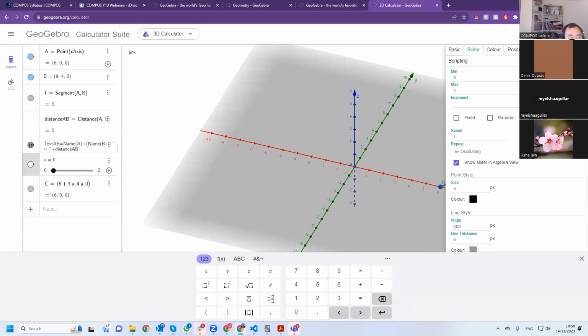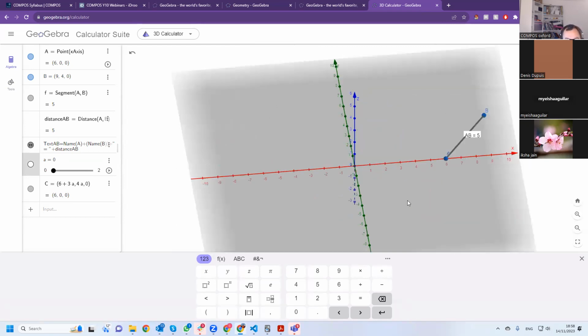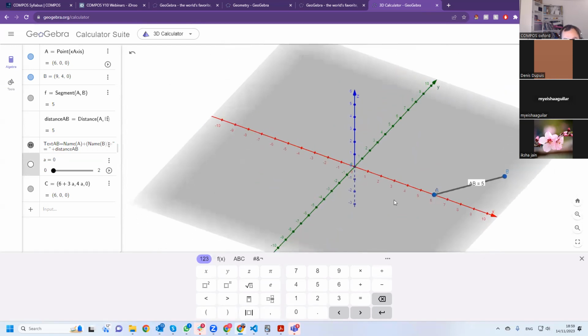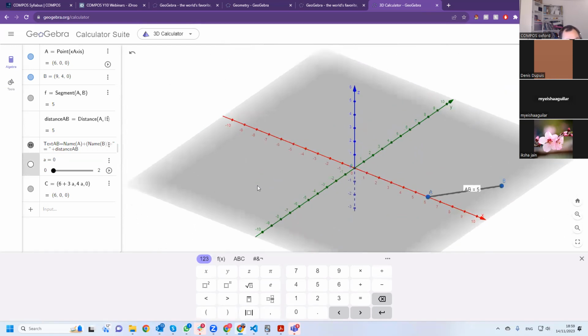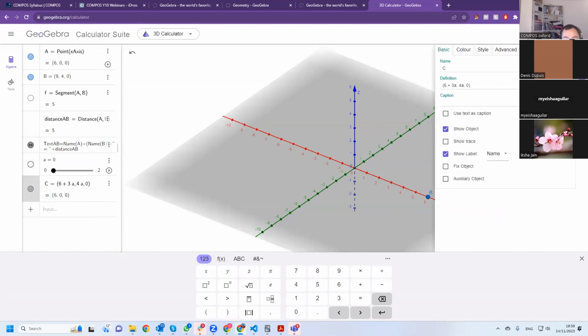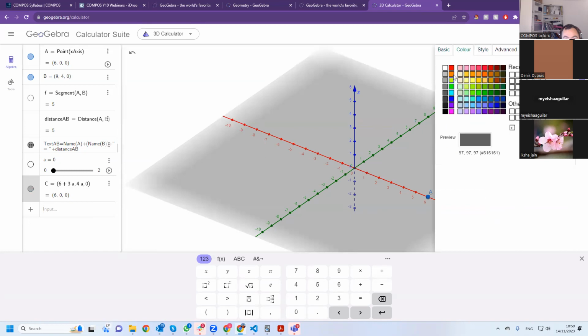Look, if I click play, look what happens to point C. In settings, let's make it brighter. Color green.